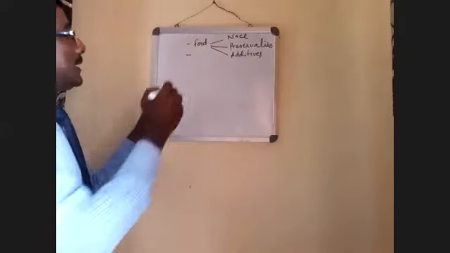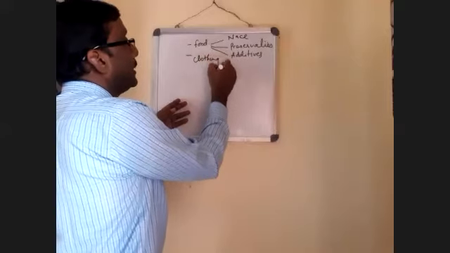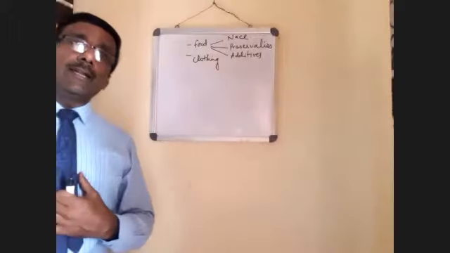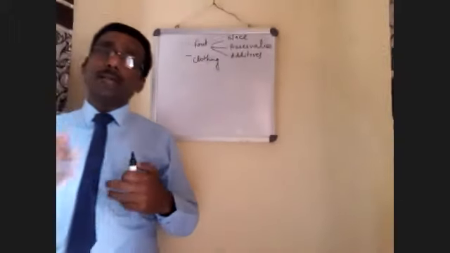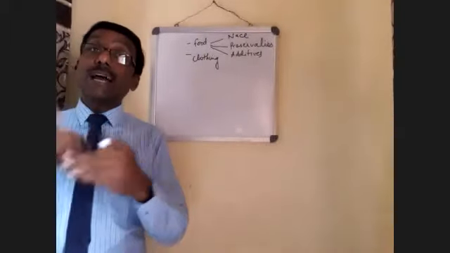Now, the next one is our clothing. When we talk about clothing, we should understand that earlier, in the early period of time, there used to be cotton clothes. There used to be silk, which are naturally occurring.